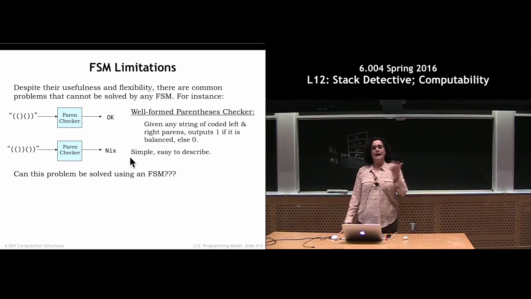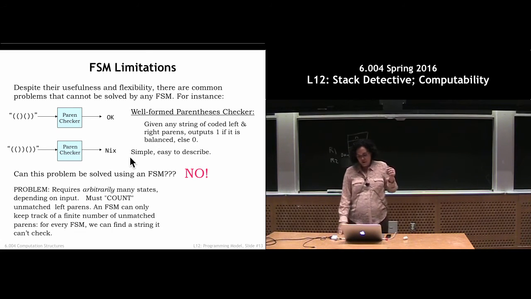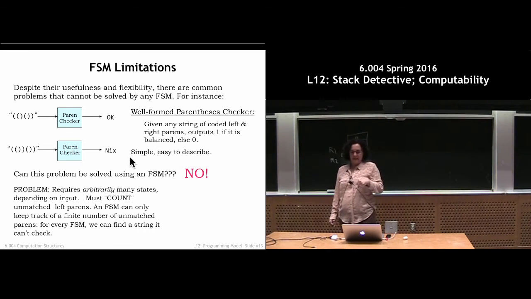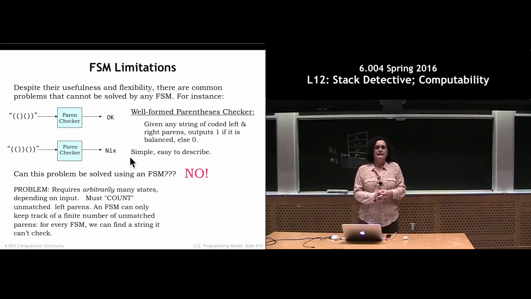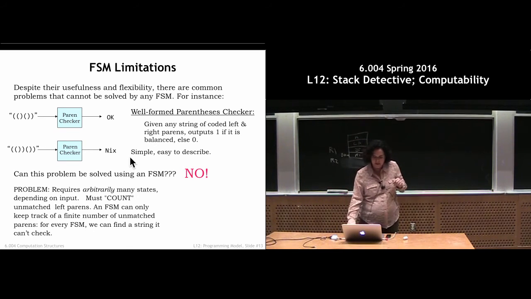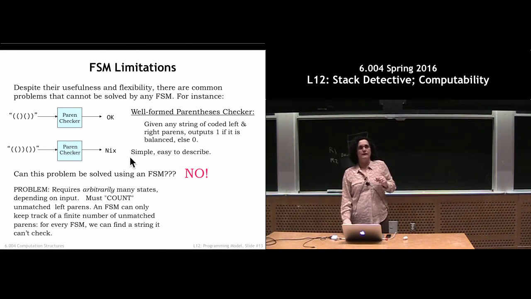This is basically counting. In an FSM, you're limited in how high you can count by the number of states that you have. So essentially, the answer is no, I cannot solve this problem with an FSM. The main issue with FSMs is that, regardless of how large my FSM is, I can always come up with an example that this FSM can't solve. So we want to find another model which is even stronger than our FSM in order to solve all computable problems.